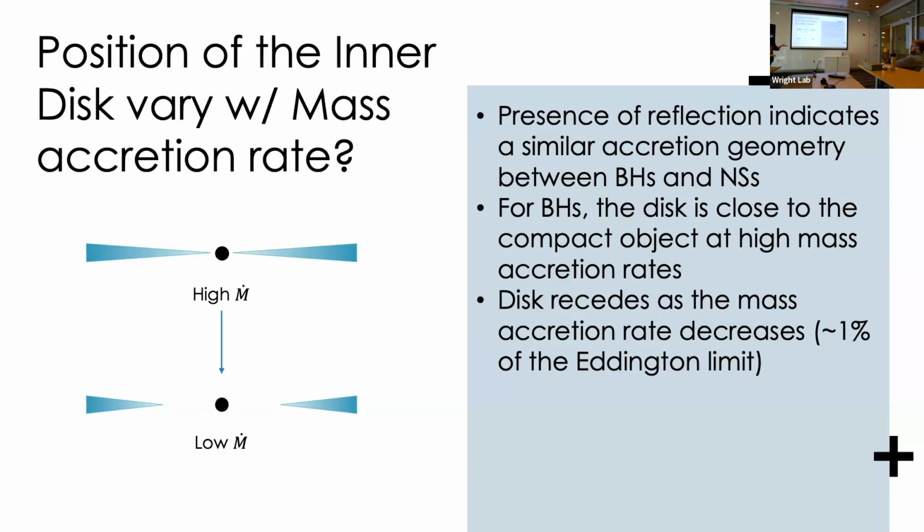Below 1%, it's thought that your accretion material transitions from that geometrically thin, radiatively efficient regime into something that's much more extended and radiatively inefficient. So that begs the question, does this same trend hold true for neutron stars?